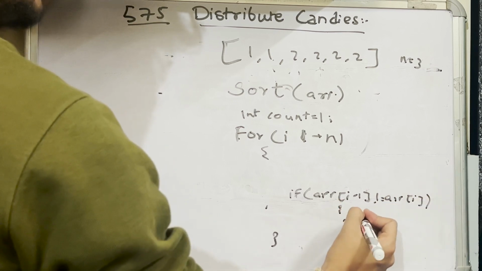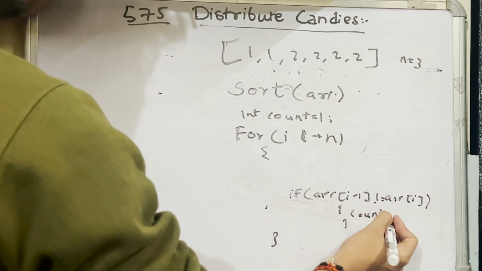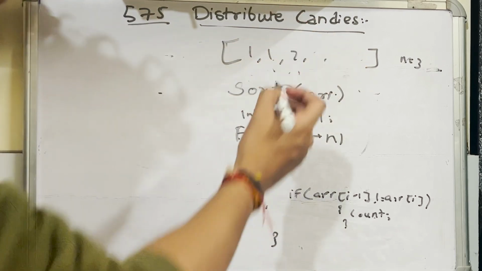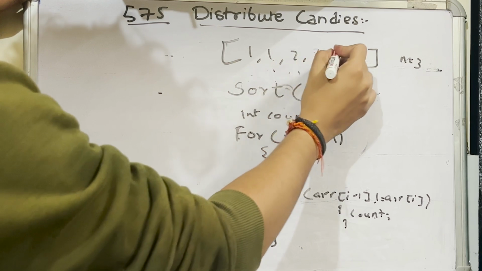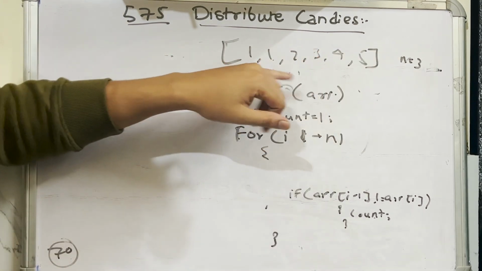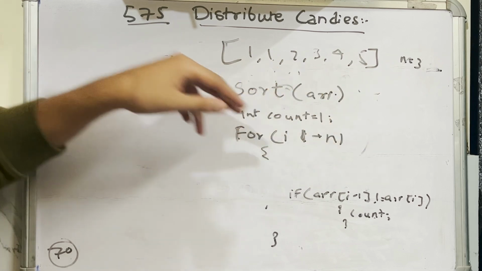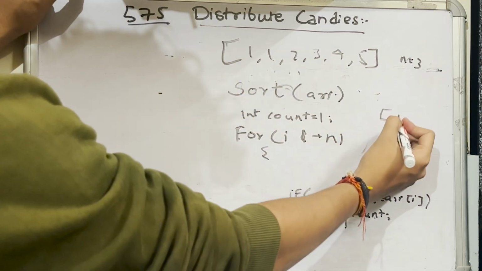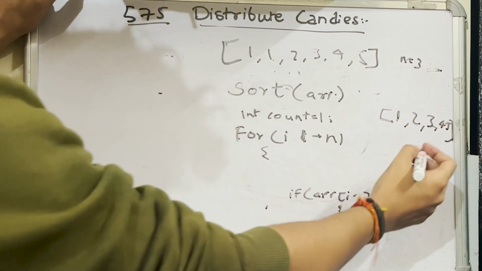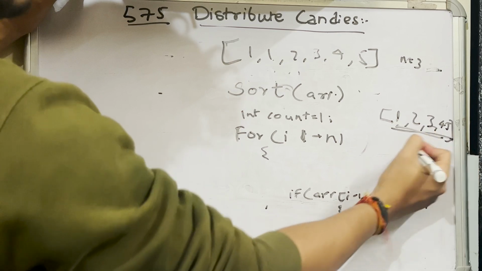we increase count. And one more case: she may have a lot of different types, for example types 3, 4, 5. So she can eat 3 types. Then we will return only 3. We won't be returning this 5, we'll only return 3.